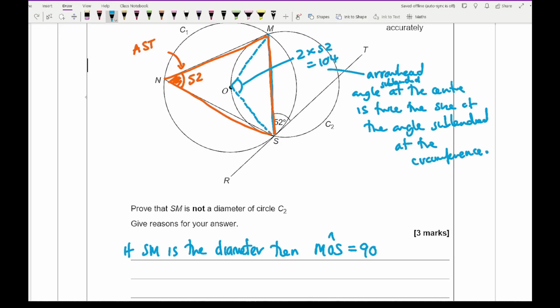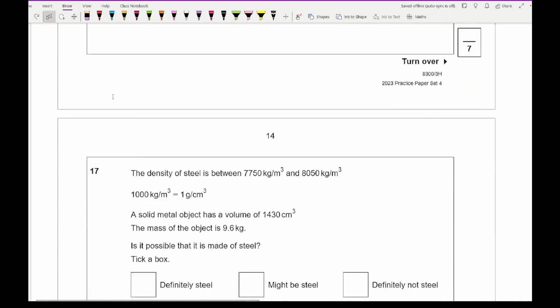So this angle there is 104. So as MOS equals 104 degrees and not 90 degrees, SM is not the diameter. So something along those lines would be absolutely fine.